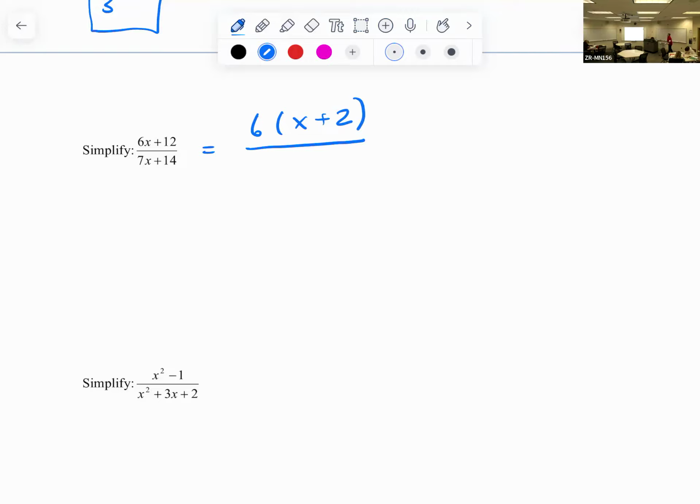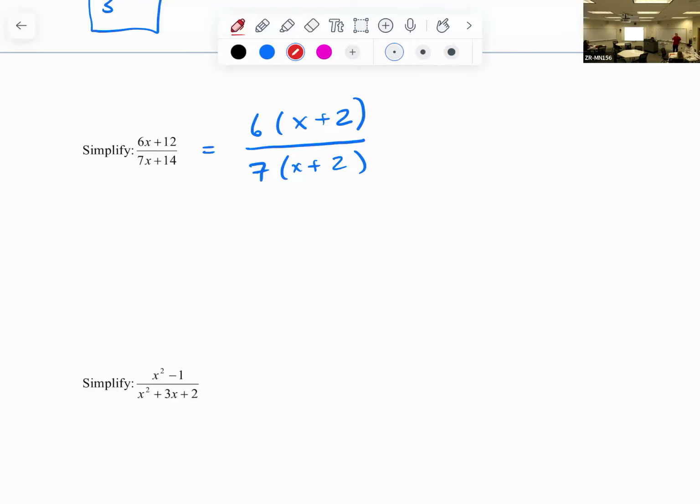In the denominator, Fred, what is the GCF? 7. What remains in the parentheses? No, x plus 2. And now, once again, in most of these situations, you're going to notice, oh, look.